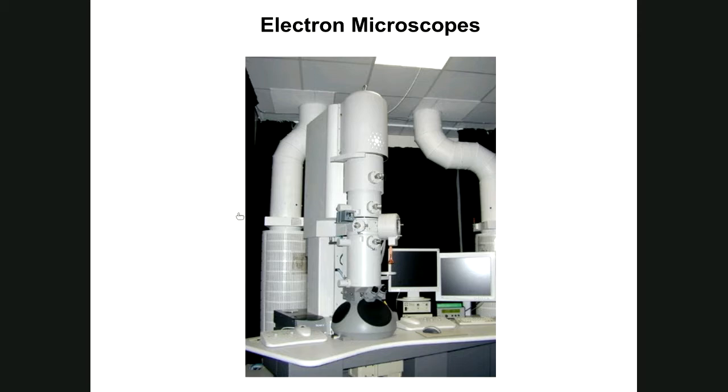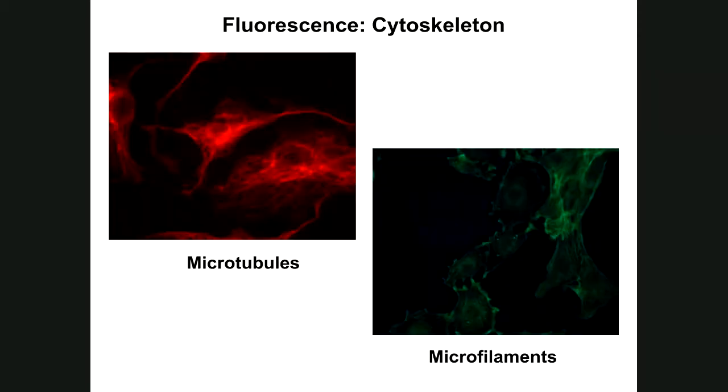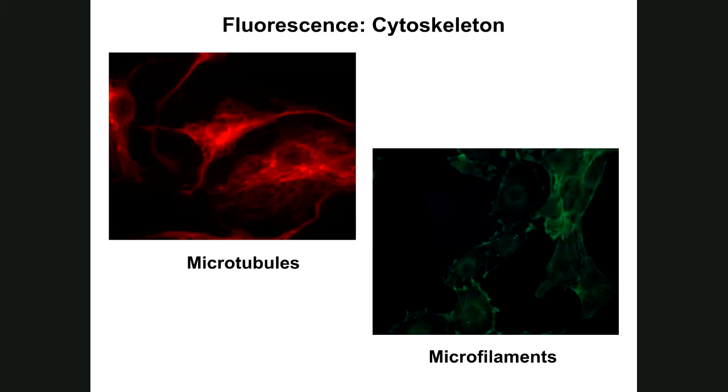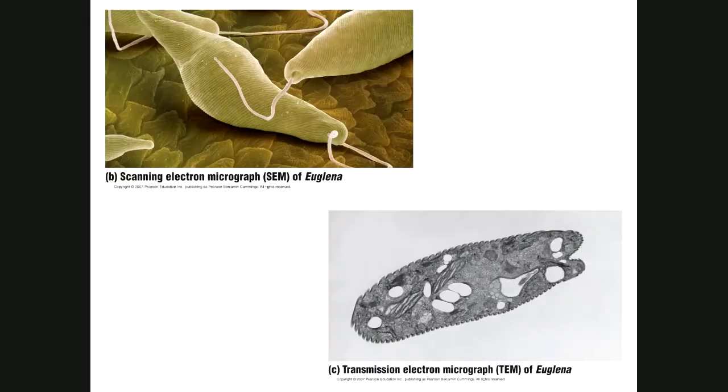Now going back here, this is our protist called the euglena under a light microscope. Using an electron microscope, we have two different versions of an image of that same organism. Two types of electron microscopes were developed. One type is known as the SEM.